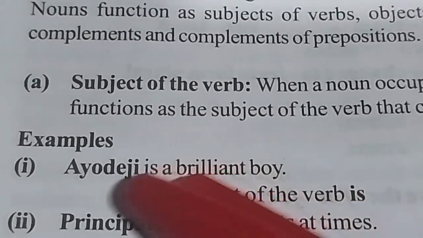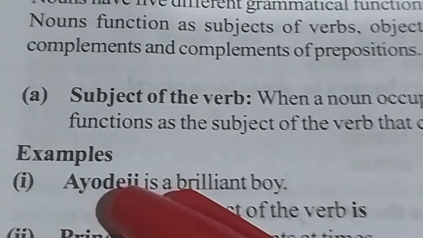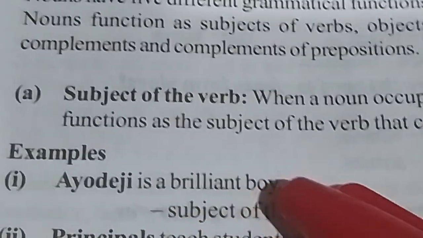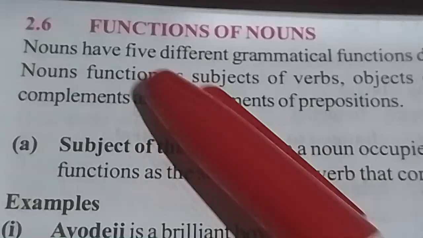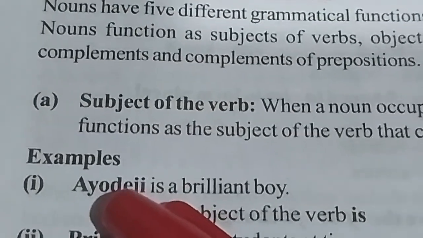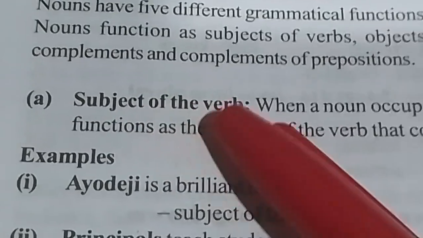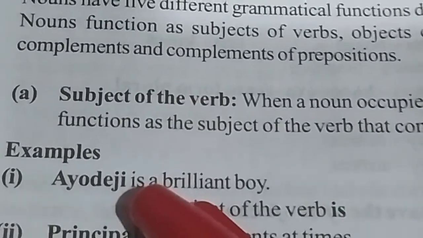What are we saying? Example: Ayodeji is a brilliant boy. Ayodeji here is a noun, like we say, functions of a noun. But this noun here is subject of a verb. Ayodeji is a subject of this verb, is.